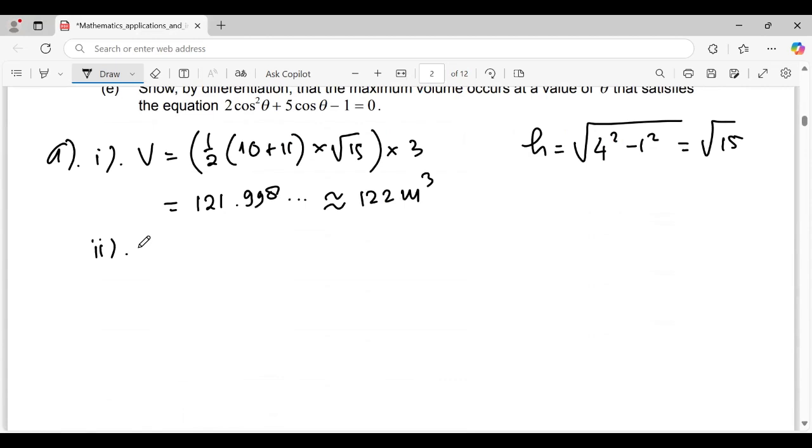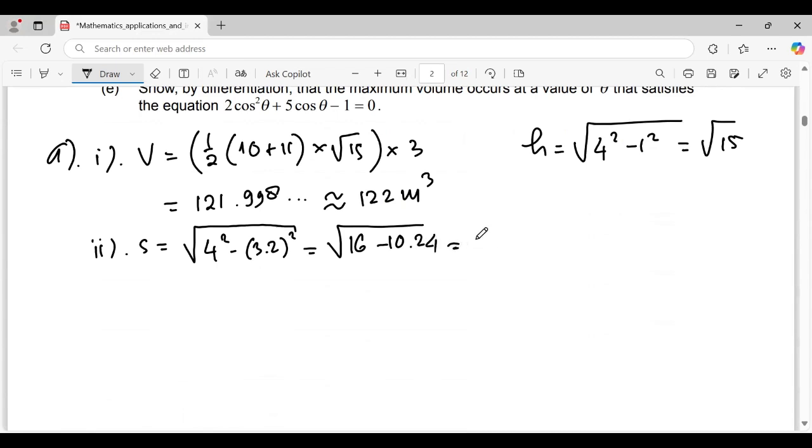To find the side, the root of 4 squared minus 3.2 squared, 16 minus 10.24, the root of 5.76, 2.4.